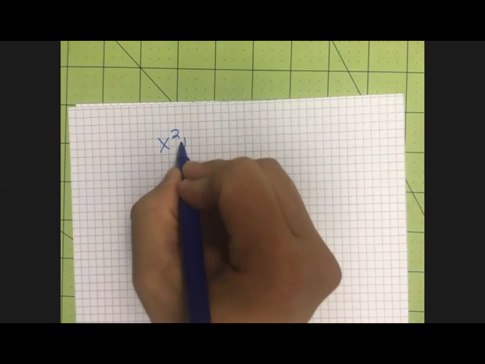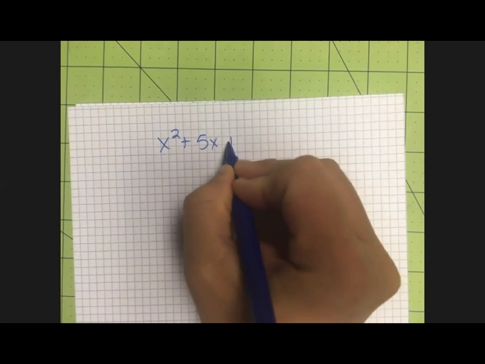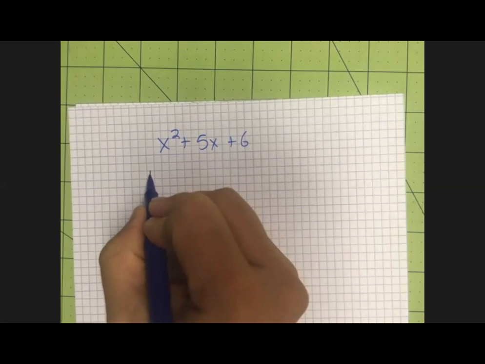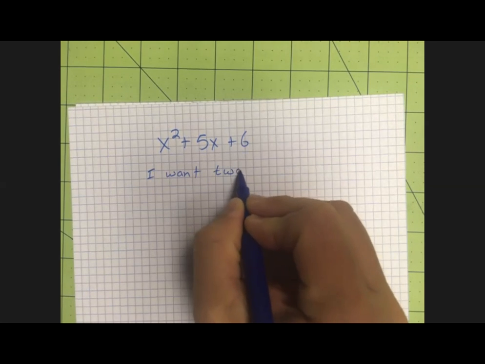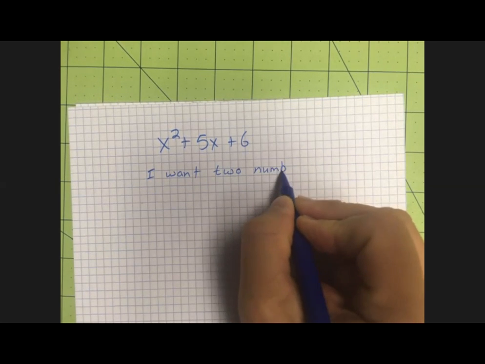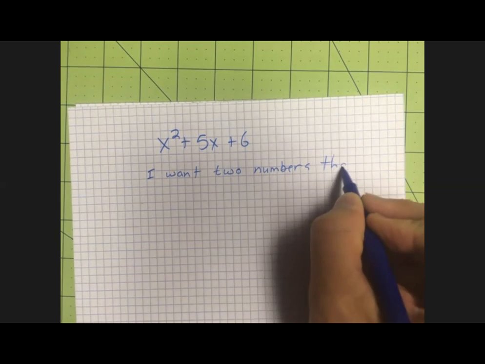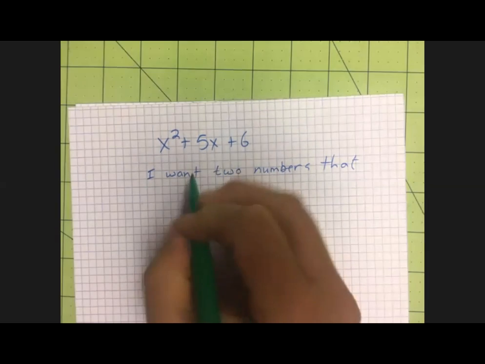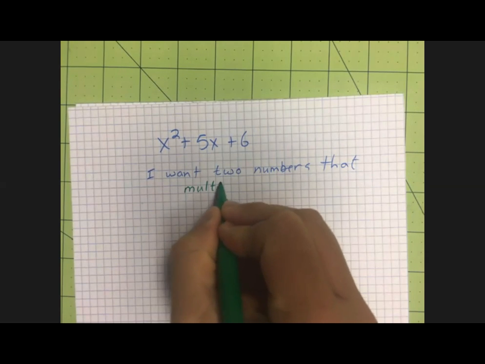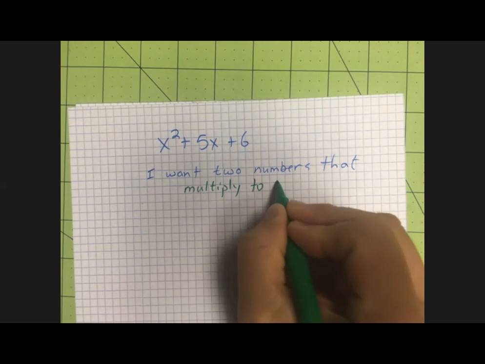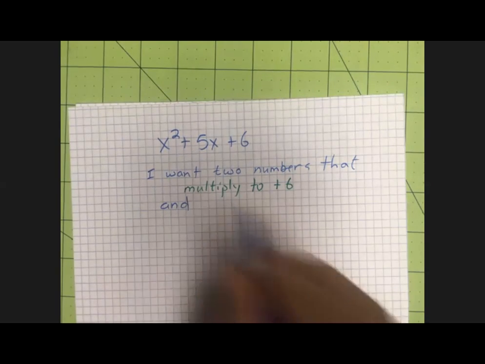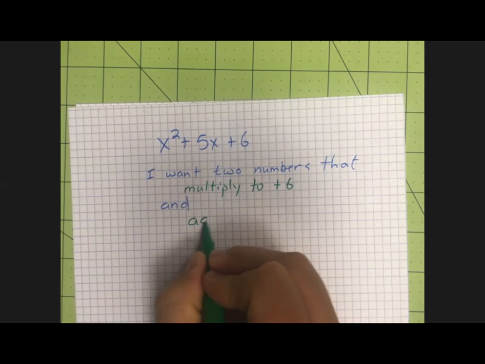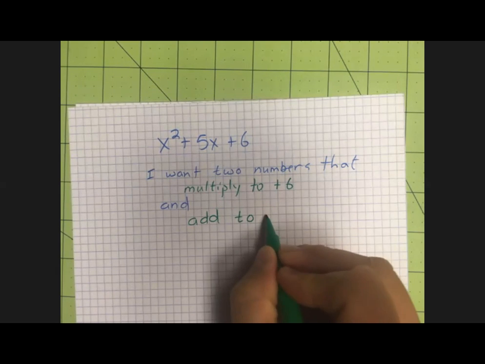So try saying it like this. And I'm picking out a mellow one just to get you started. Try saying like this. I want 2 numbers that multiply to plus 6 and add to plus 5.